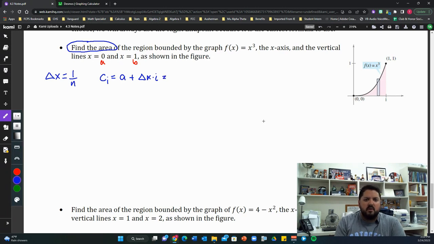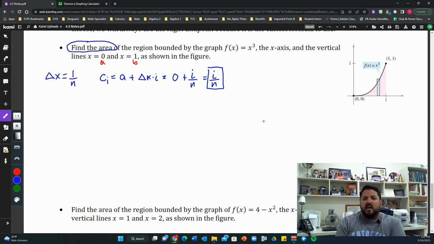So a is 0, and then delta x is just 1 over n. So 1 over n times i would just result in i over n. So now I have a disappearing i. So my formula for c sub i is i over n. So that is the formula that will generate my x values.